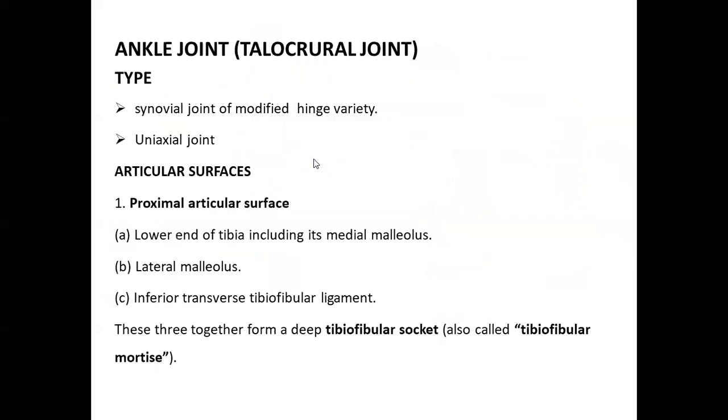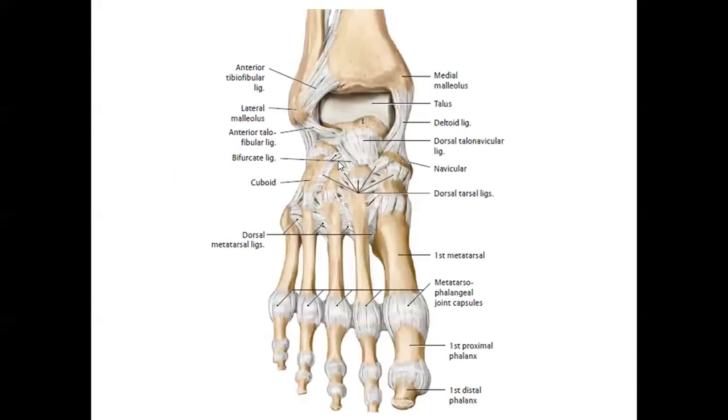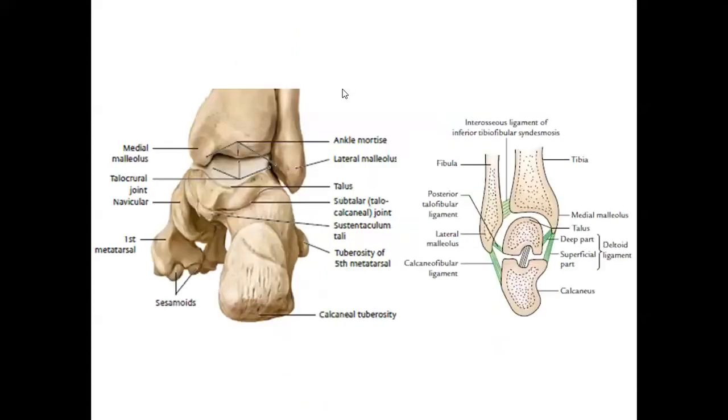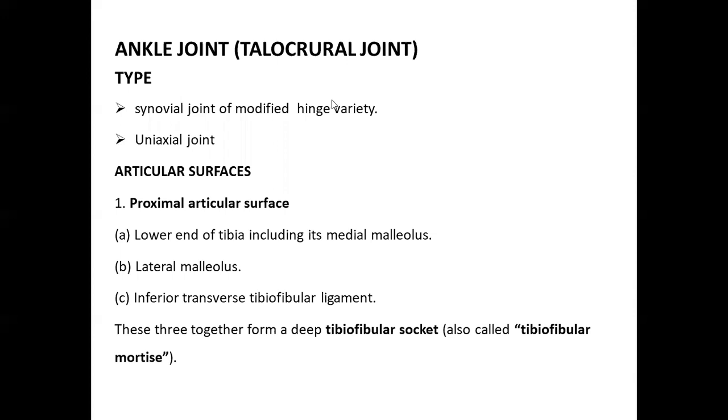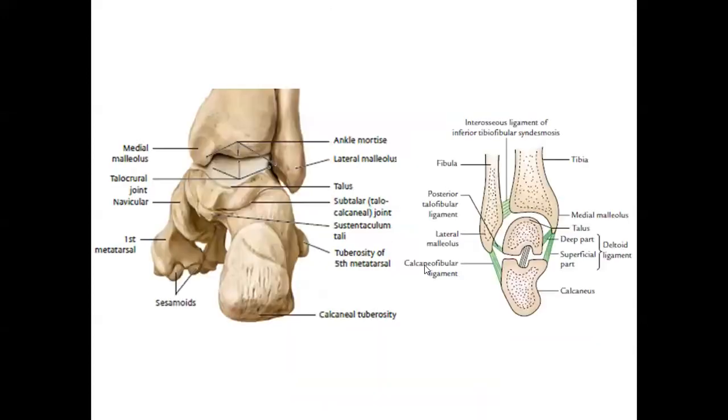So अभी तक हमने बोला ankle joint को हम लोग talocrural joint भी कहते हैं, synovial type of joint है, hinge variety of joint है, uniaxial joint. ठीक, proximal articulating surface कुछ difficult है नहीं, lower surface of tibia, fibula की surface और एक important ligament, that is the inferior tibiofibular ligament. तीनों एक साथ मिलके tibiofibular mortise बनाते हैं.